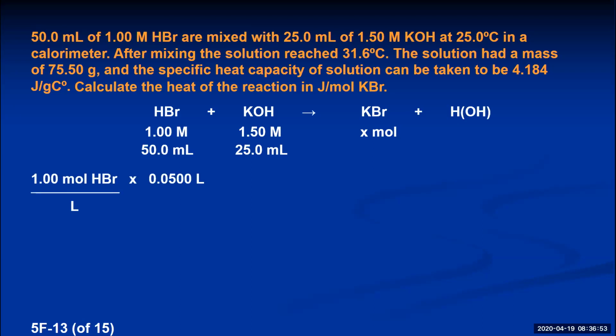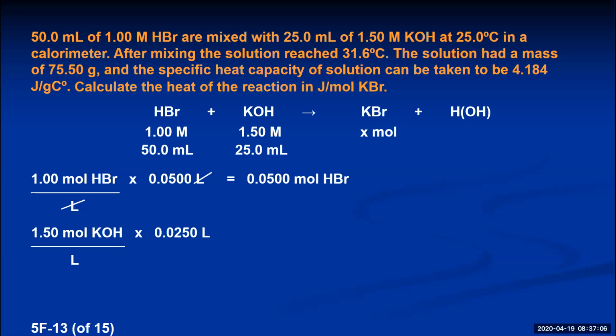So for the HBr, it's 1.00 moles per liter multiplied by 0.0500 liters, and that comes out to 0.0500 moles of HBr placed into the calorimeter. Multiplying the molarity times the volume for the KOH, it's 1.50 moles per liter multiplied by 0.0250 liters, and that means we're placing 0.0375 moles of KOH into the calorimeter.